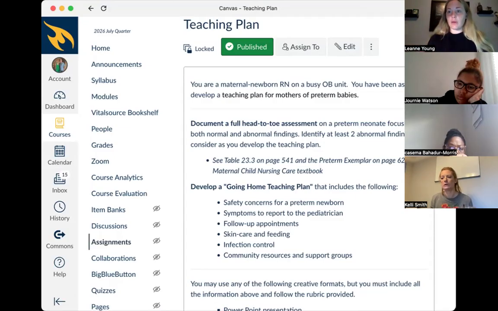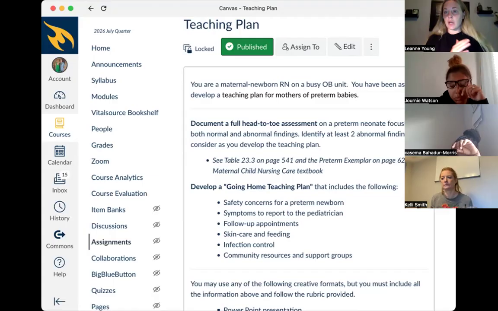You can do how you normally would do a head to toe, and you would just write it in on your PowerPoint, say what is normal and any abnormalities that you see for this preemie. You could either highlight in red, or have it in its own little section that says abnormal findings, whatever. But we need to see the full head to toe. We need to see that you document at least 2 abnormal findings.